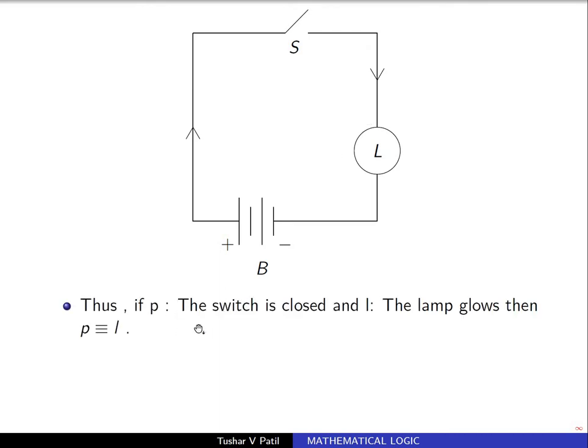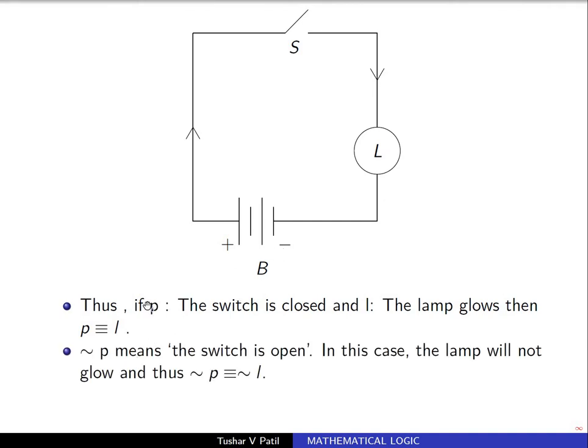Thus, if P is the statement "the switch is closed" and L is "the lamp glows", then P is equivalent to L. We know that the lamp glows if and only if the switch is closed or on. Then current will pass through this switch and the lamp glows.